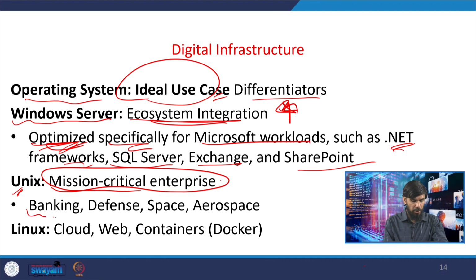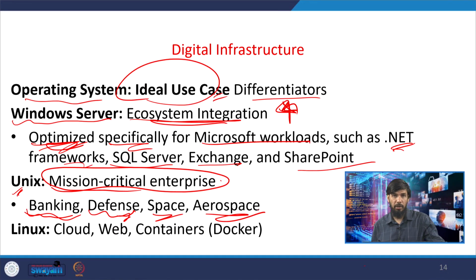You can see the industries that we have mentioned: banking, because of money transactions, and it is very important that we are able to keep track of the transactions and what is happening there. Defense is there. You don't want your defense equipment to fail. Same for the space industry, or aerospace, the aircraft and all, right. So these are some of the industries where organizations typically go for Unix.